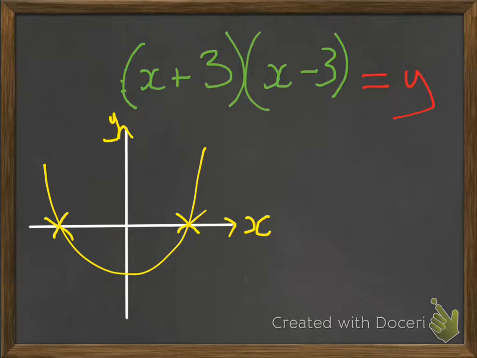If I've got 20 nothings, I've still got nothing. So x would have to be minus 3, since minus 3 plus 3 is 0, and on this side it would be plus 3, because plus 3 minus 3 is 0 as well. Those are the two values you want: x equals minus 3 and x equals plus 3.